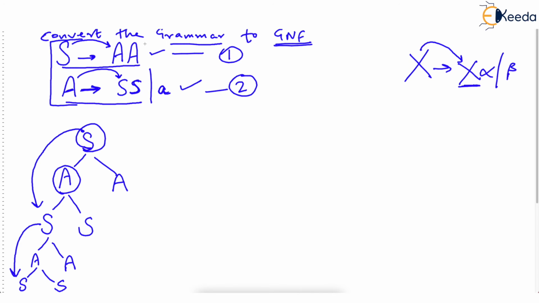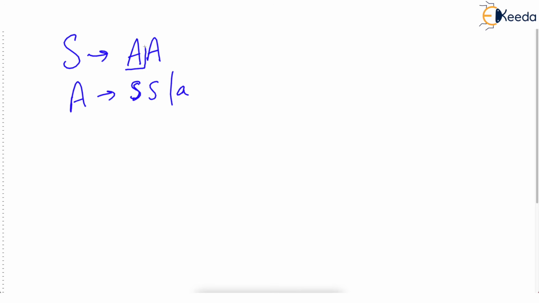Now, how do you remove left recursion from this grammar? So I am rewriting the same grammar. S derives AA and A derives SS or a. We want to remove left recursion. But first of all, let us put whatever A derives at this place, and A derives either SS or a, so we'll put it here.